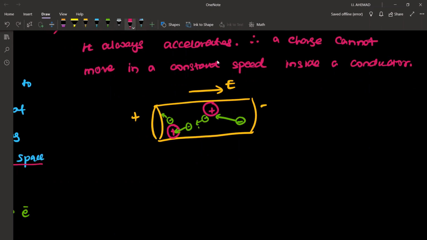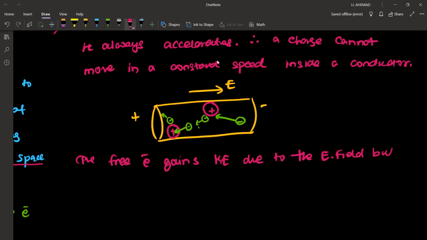So what happens here? The free electron gains kinetic energy due to the electric field, but loses it in collision with cations.